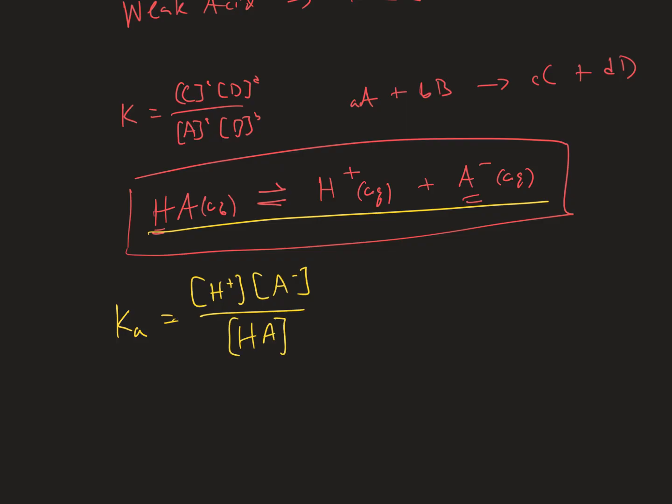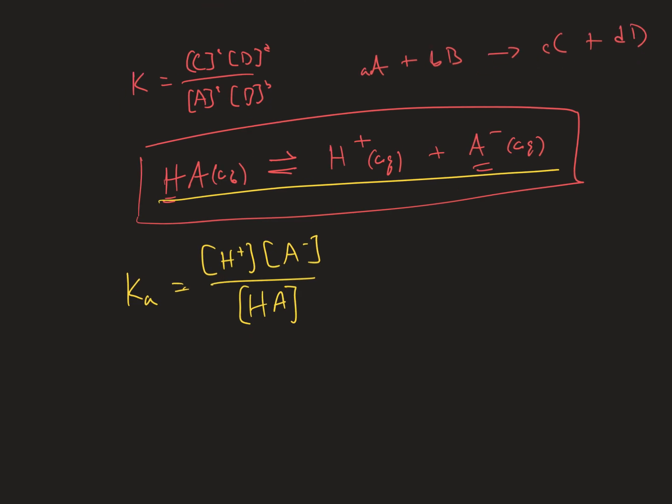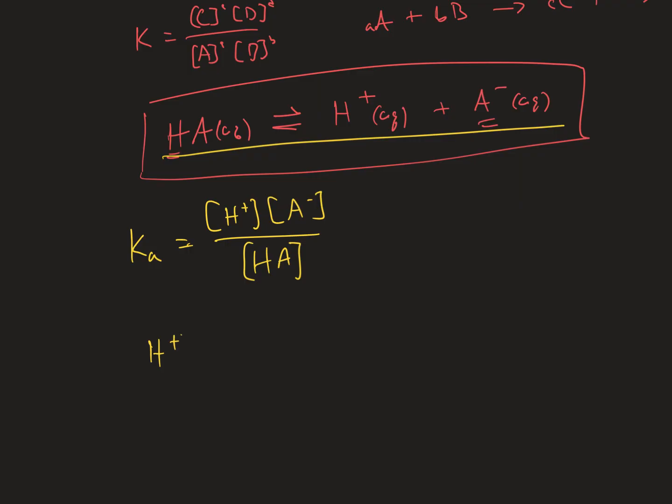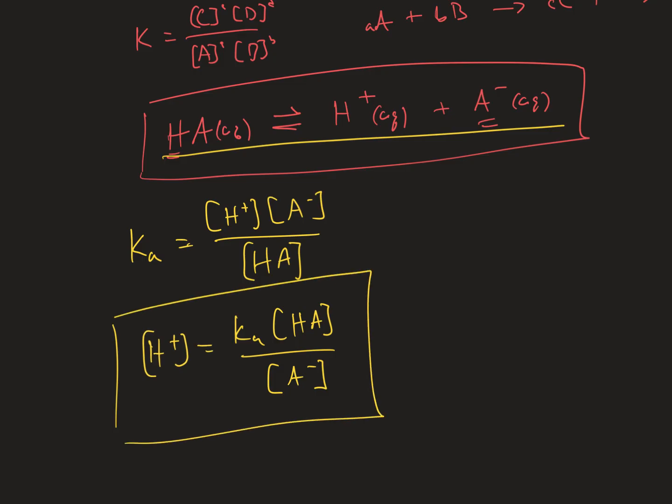And you're just reading off your reference sheet, right? Is that what you get on your reference sheet? Yeah, Ka equals H plus times A minus over HA. This is the one we get on our reference sheet.